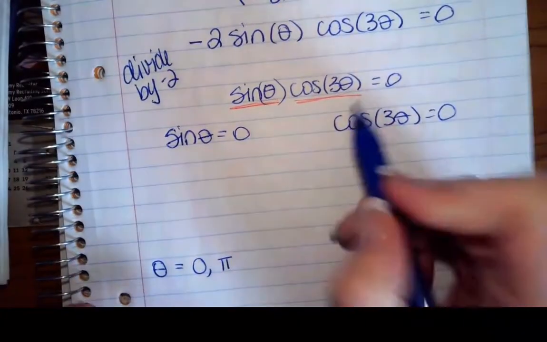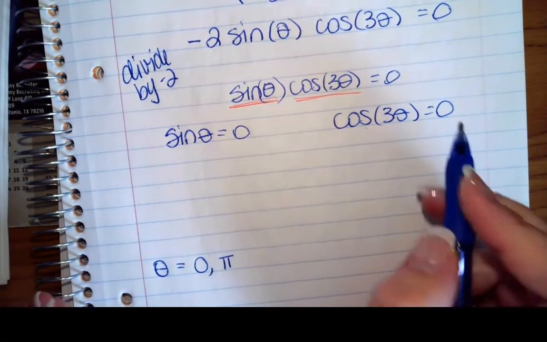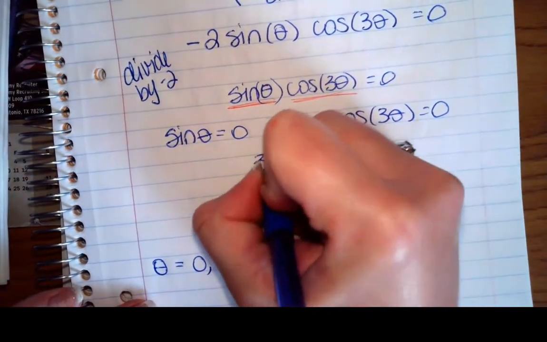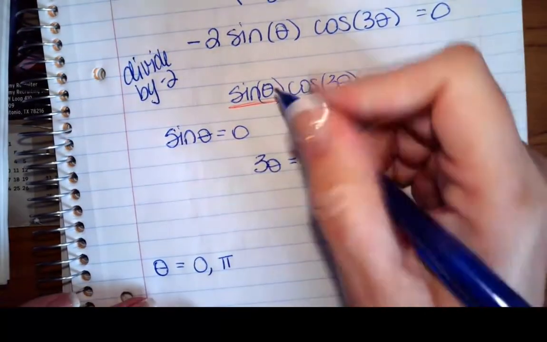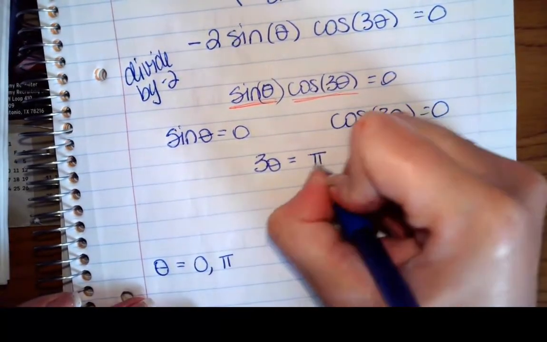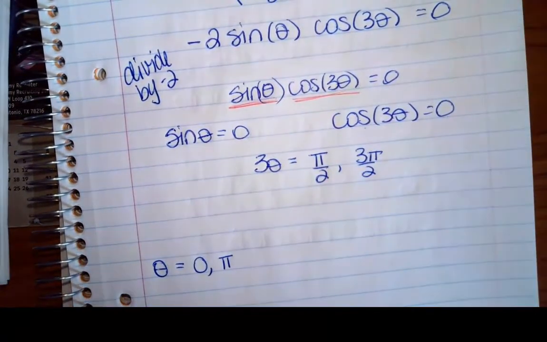Okay, so where does cosine equal 0 in one lap of the unit circle? And this is where we're going to do several iterations. So I've got 3 theta equals, just tell me where cosine is 0. And that's going to happen at pi over 2 and again at 3 pi over 2.